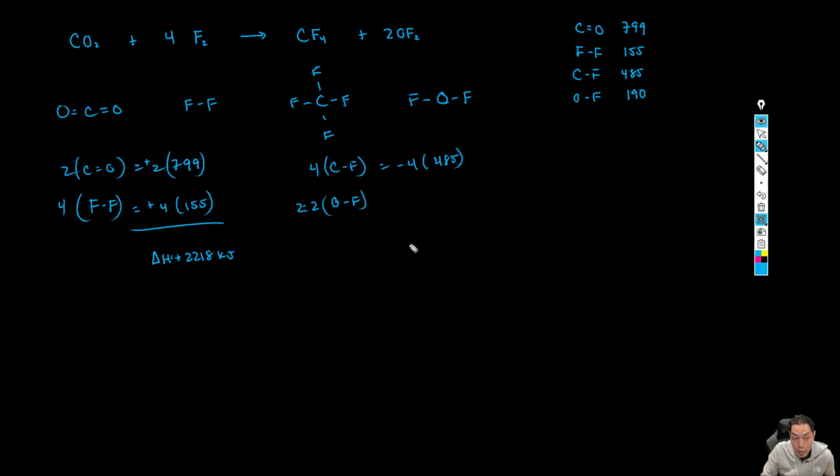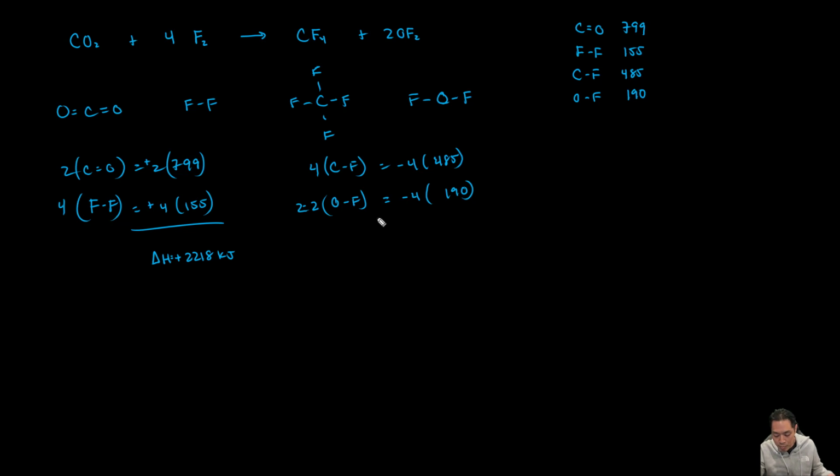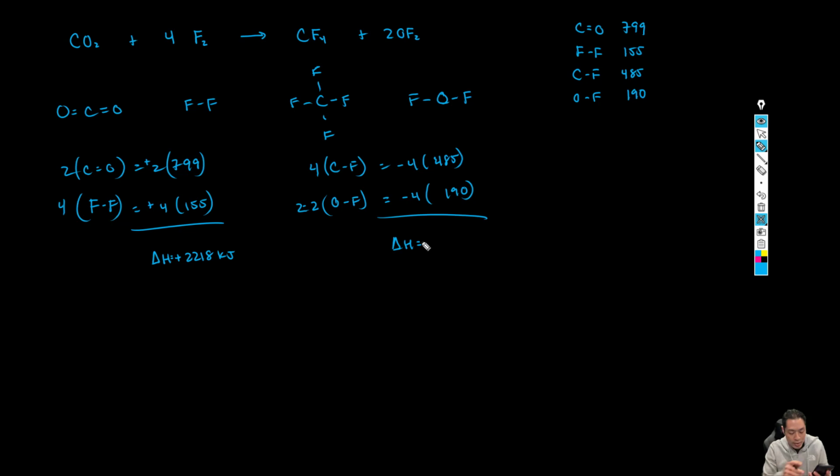So that's kind of how I represent 2, and then in one molecule I have 2, so total 4. So negative 4 times OF, which is 190. So remember, negative when you're making bonds, positive when you're breaking bonds. So this delta H on the right side is 4 times 485 plus 4 times 190. So we have a delta H of negative 2700 kilojoules.